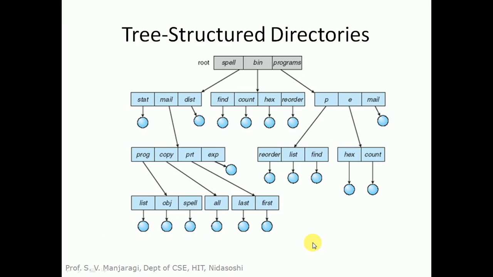Now let us move to the next one, the tree-structured directory. The directories or files are organized like a tree. You know that in a tree there is something called a root node. So there is a root directory containing pointers to the subdirectories.